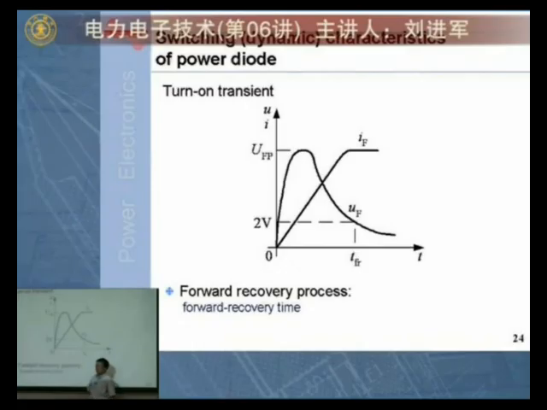But usually this time, from the initial time instant when you change the outside voltage from reverse to positive, until the current flowing through the diode becomes a certain value, is very short.